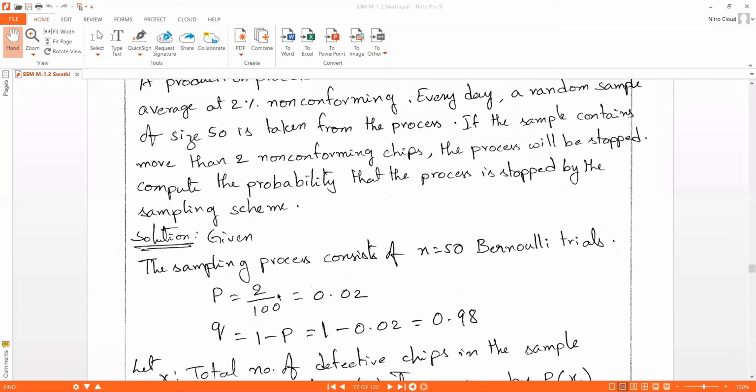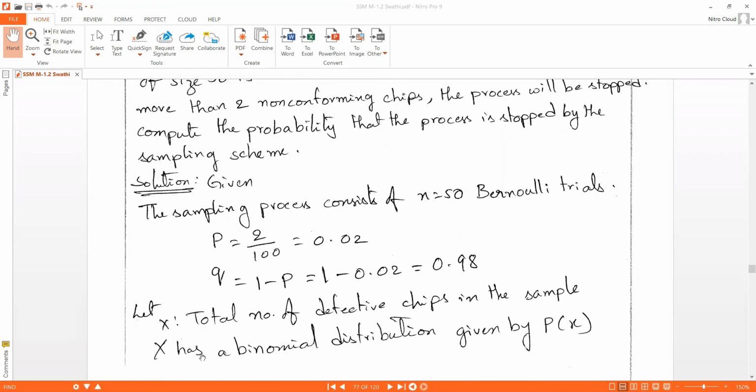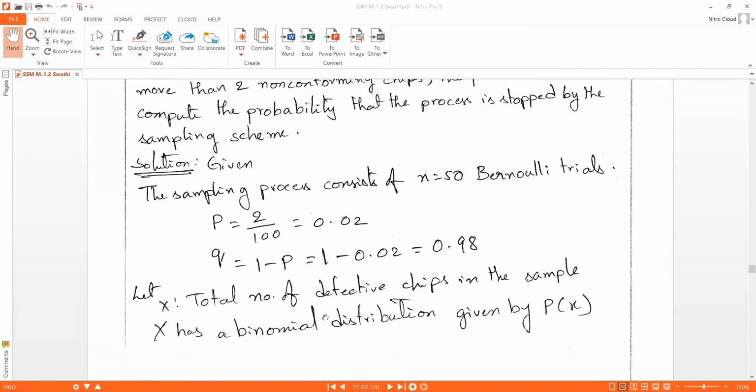So p is 0.02. If you know p, we can calculate the q value, that is q is equal to 1 minus p, so q is 1 minus 0.02, that is 0.98.